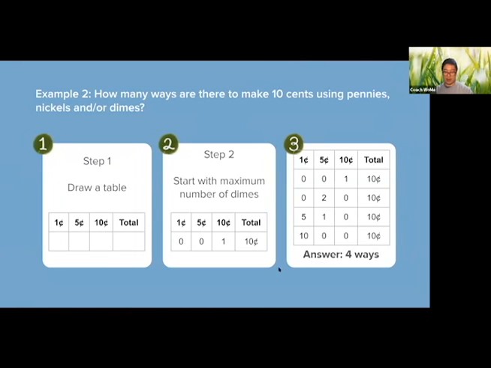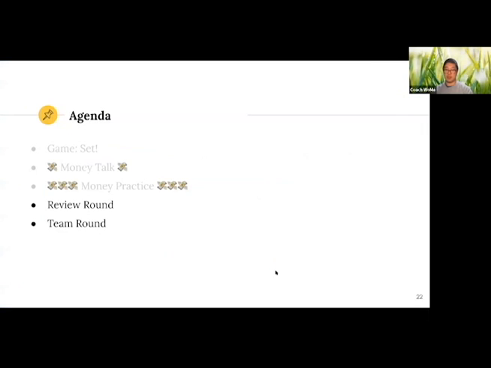The reason why I like doing this maximum number of large coins is that I'll be sure to go through every single different combination of coins. So whatever method you use, just make sure that you're thorough.